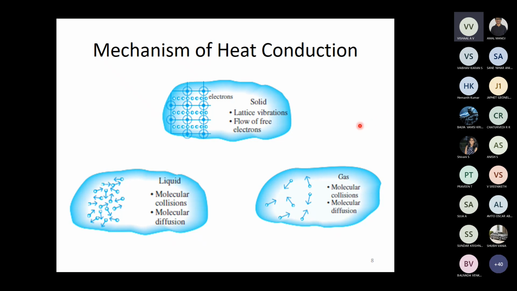In engineering, we are interested in both good conductors and bad conductors. Whenever we want to transfer heat effectively, we go for good conductors, whereas when we want to prevent heat loss, we prefer to use bad conductors. So we need a database of all the good as well as the bad conductors.